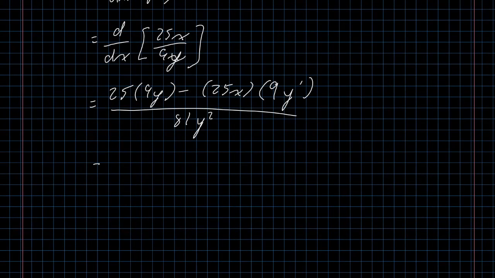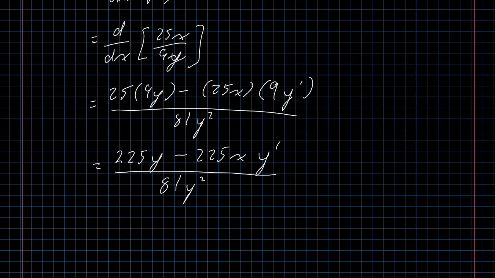Clean up a little bit. 25 times 9, we've said before, is 225. Although I guess that we have 225 in the numerator, we have 81 in the denominator, 9s will cancel out there. And this is actually 25y minus 25x y prime all over 9y squared.